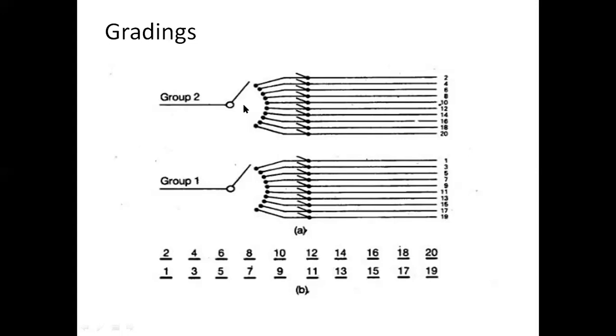If you are using sequential selection to connect some incoming call to any one of these outgoing outlets, what happens is that if there is an incoming call, the sequential selector, or this switch, will tend to connect that particular call to the first outlet or first outgoing trunk. Similarly, if there is a second call coming into the switch, the selector tends to connect that call to the second outgoing trunk or second outlet. If there is a third incoming call, a third outlet will be selected to make the connection.